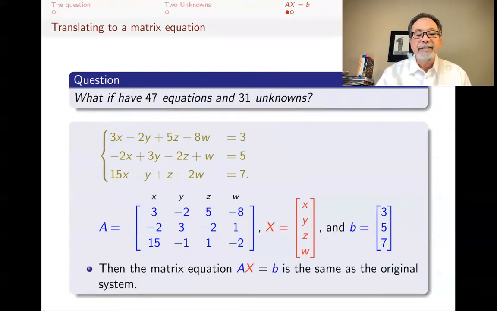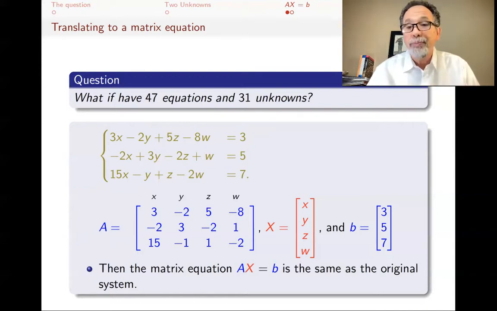Now, if you look at the matrix equation AX equals B, what does AX equals B mean? It means you take the matrix A and multiply it by the column vector X. When you do that, you're finding the dot product of the rows with that column vector, and you will actually get the left-hand side of the equations. You get 3x minus 2y plus 5z minus 8w for the first entry, and the other ones for the other entries. And putting that equal to B means that you want 3x minus 2y plus 5z minus 8w to be 3.